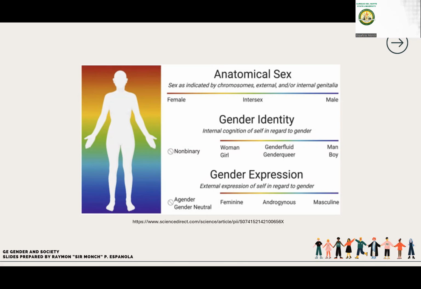Mas kompleto ang iyang rendering of gender identity kaysa tumoy there is sa right side sa inyong screen karon, being a man or being a boy, tapos in between sa woman and girl is mauning gender queer or gender fluid. Okay? Katong non-binary mautong wala gyud sa pagka-woman or pagka-man. Okay? Gender expressions can be feminine and masculine and in between androgynous, but people can be agender or gender neutral.